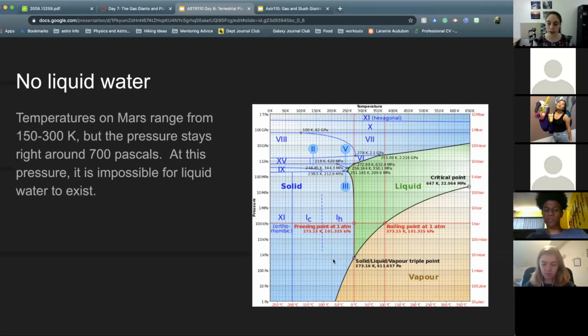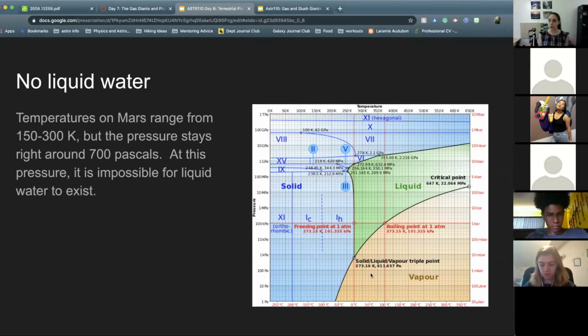It doesn't have much of an atmosphere, so the pressure's pretty low, and it stays around 700 pascals, which is kind of down here. And so that means that we stay in this range where water is always going to either be in a solid state in this blue area or in a gas state in this orange area.